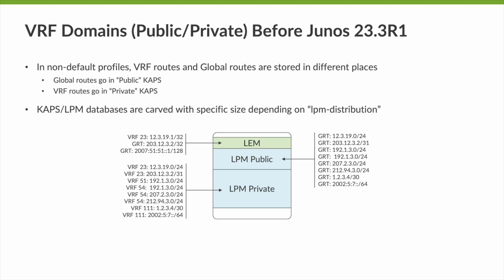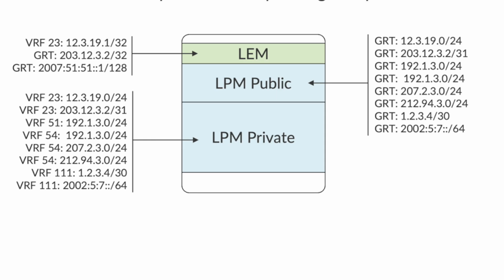Another important differentiation is the merging of private and public domains. That's something you may have seen in previous versions. You needed to define from the get-go how many routes you expected to come from the global routing table or the VPN tables: private for VPN, global routing table for public.